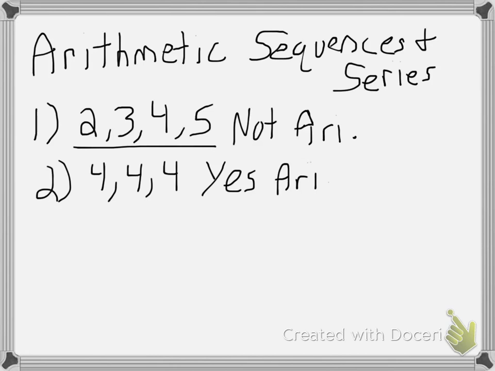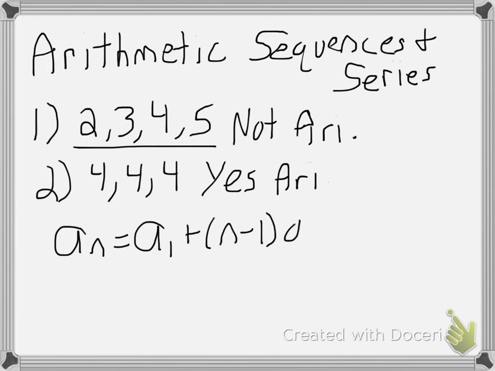Where it says section A, writing the rules for the nth term of an arithmetic sequence, that's actually very straightforward. This is the rule: a sub n equals a sub 1 plus n minus 1 times d. The things that you need to know: a sub 1, if you were paying attention yesterday, is the first term.